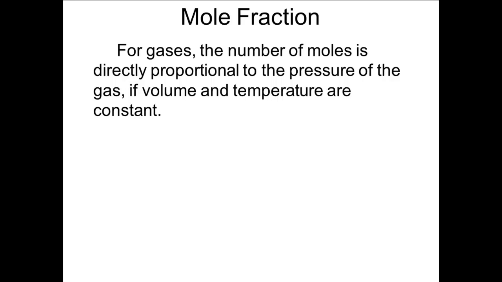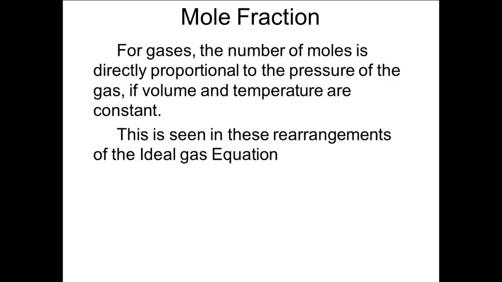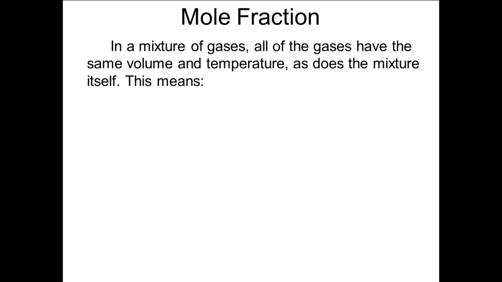For gases, the number of moles of the gas is directly proportional to the pressure if the volume and temperature are constant. We can see this in these two rearrangements of the ideal gas equation. Moles equals pressure times V over RT, and pressure equals moles times RT over V. In a mixture of gases, all the gases and the mixture itself have the same volume and temperature.